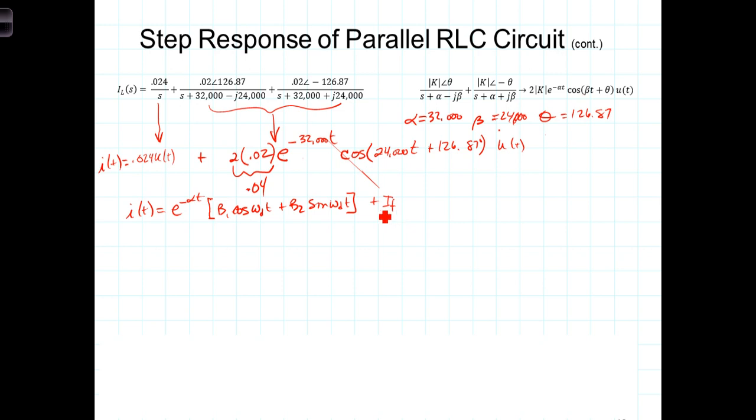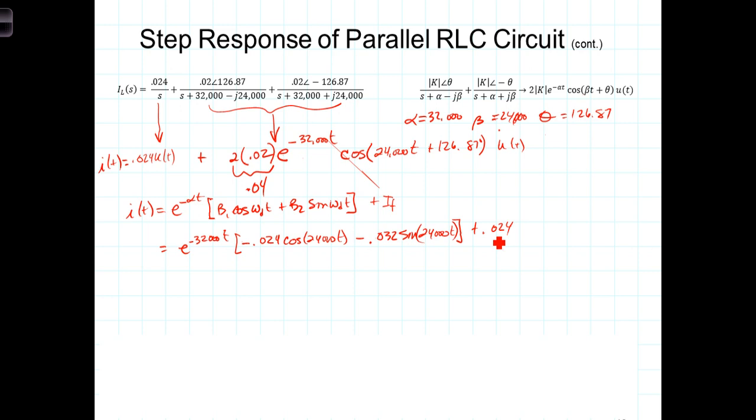Now, for this case, it would have given us e to the minus 32,000 t times b1, which, again, we're just pulling from our previous experience, minus 0.024 cosine of 24,000 t minus 0.032 sine of 24,000 t, plus the final current in the inductor, which would be 0.024.